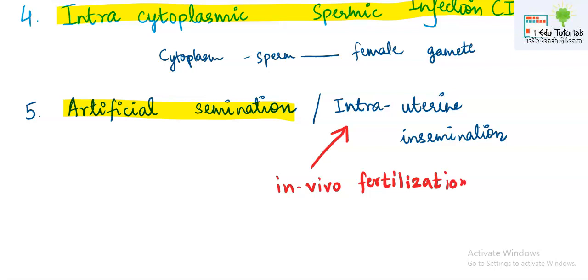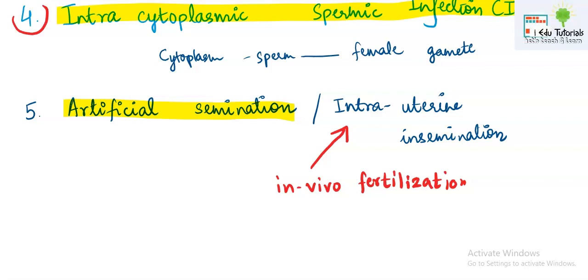Please see here in step number 4, which we have studied, intracytoplasmic sperm injection. In this, the formation of the zygote was happening outside, in vitro conditions. But in intrauterine insemination, the sperms will be injected in the uterus.